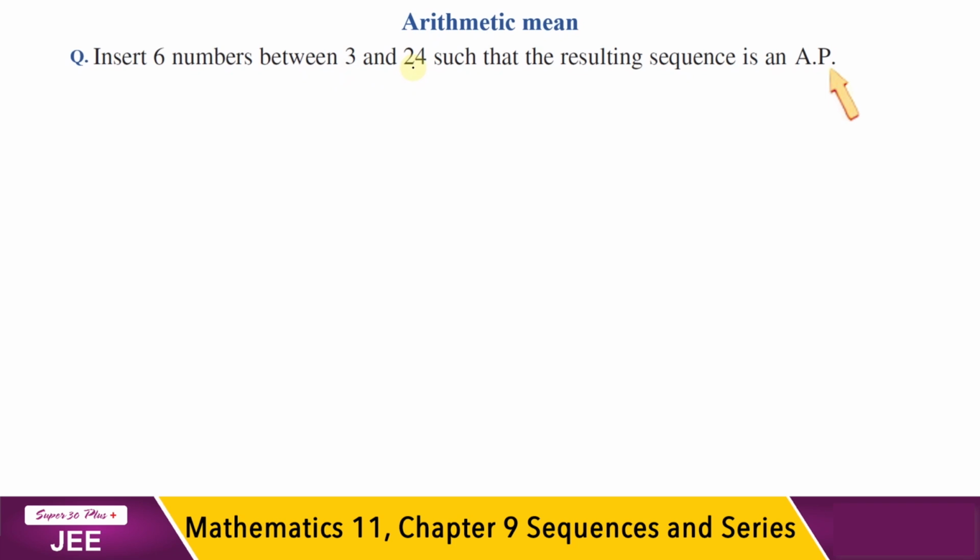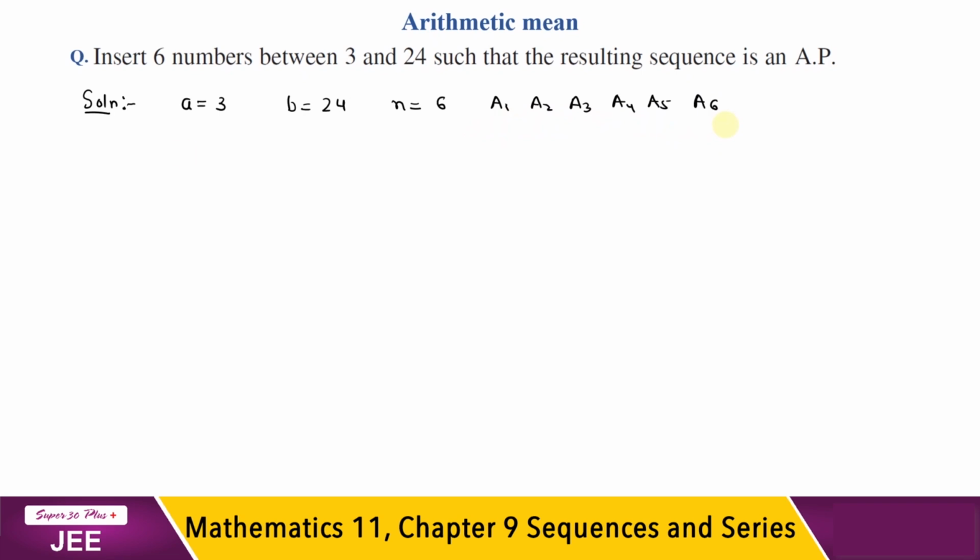So here we have A equals 3, B equals 24, and n equals 6. And we are inserting 6 arithmetic means which are A1, A2, A3, A4, A5 and A6. So we are required to determine these 6 arithmetic means.